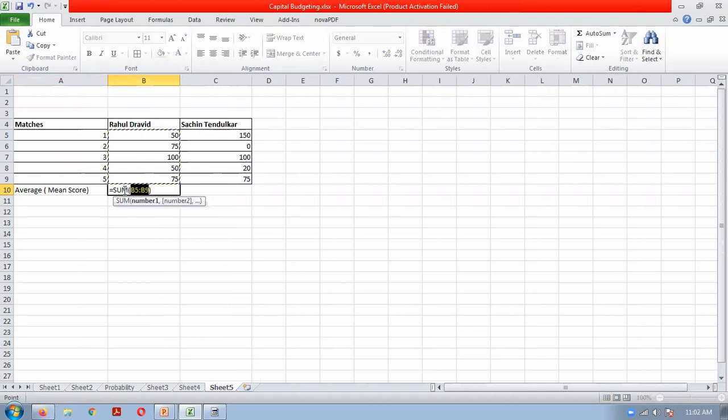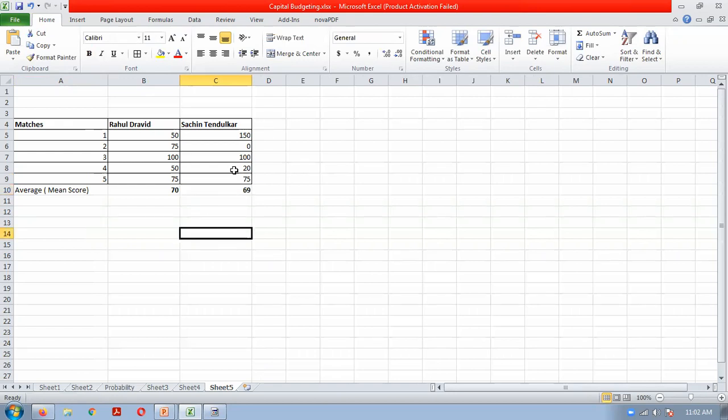So 350 divided by 5. So the mean score of Rahul Dravid is 70. And here 345 divided by 5, 69. Okay. Just we'll make some small change.